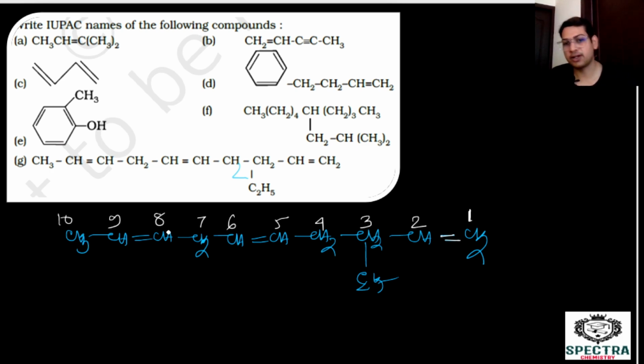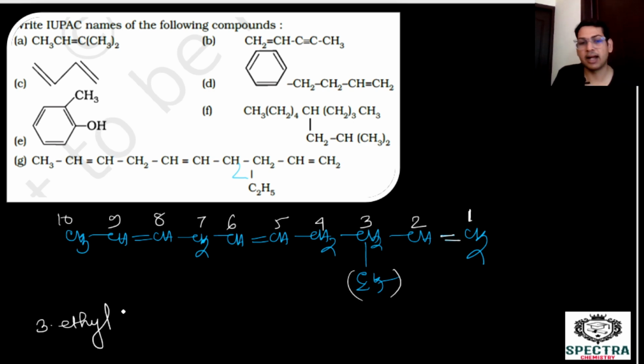So it is not at all difficult. At 3 position, I am having the ethyl group. So 3-ethyl. So how many carbons? 10 carbons. That means dec. Then at 1 position, you are having a double bond. At 5 position, you are having a double bond. At 8 position, you are having a double bond.